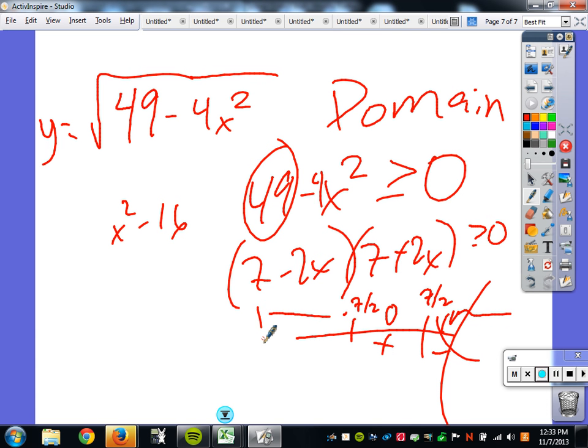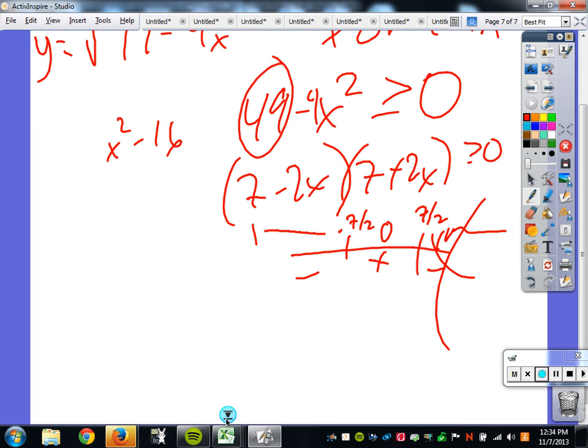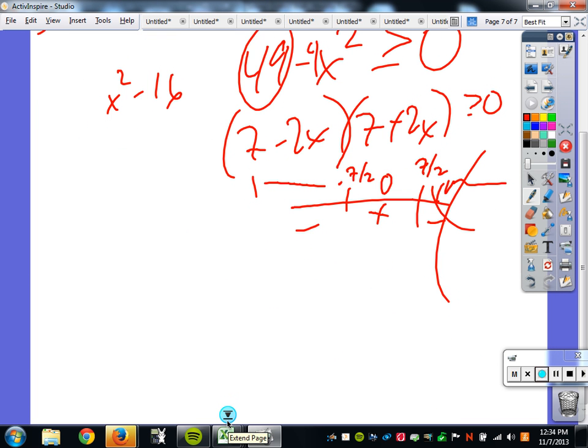Okay, pick negative a million. Positive times negative, which is a negative. What works? What's the region that works? Negative 7 halves to 7 halves, right? How did I know it's greater than or equal to? What can square roots have underneath?